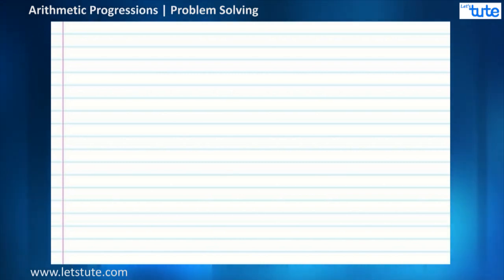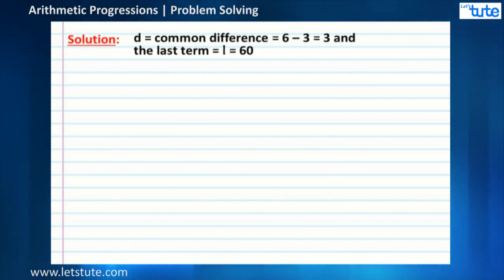Now in the given AP, we know that the common difference is the difference between two consecutive terms, that is 6 minus 3 is equal to 3. So the constant difference is 3 and the last term can be represented as L, which is 60 in this case. Now we need to find out the 12th term from the end.